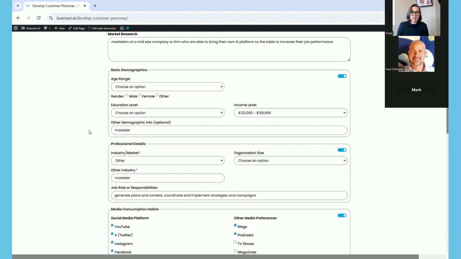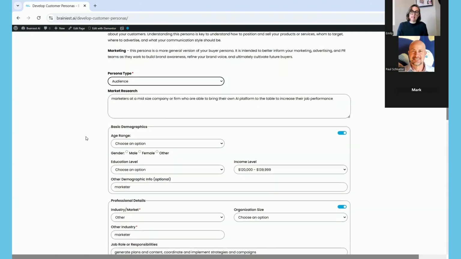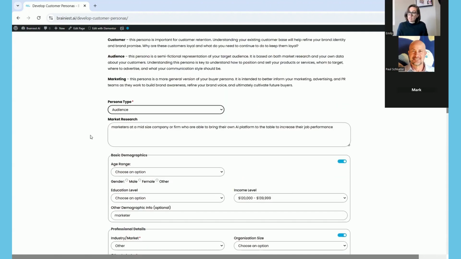Also, most of us in a new space like AI don't know what we're supposed to prompt it with. That takes a lot of time. So we make that easier on you, letting you know these are the things that, especially if you were going to hire a marketing consultant, a good marketing consultant would ask you.